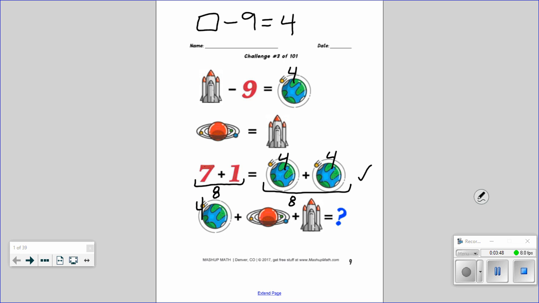It might be helpful to write that equation as an addition equation. How can I write that equation as an addition equation? Remember subtraction, we start with our whole minus part equals part. So what would that be as an addition equation? Devin, you think you know?